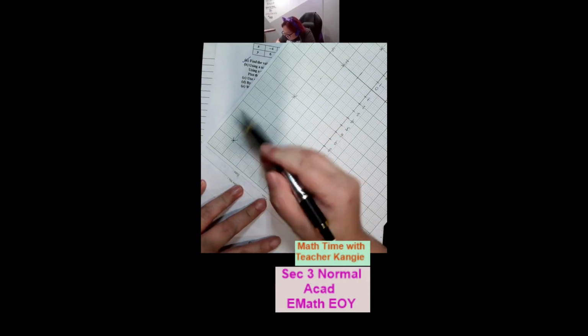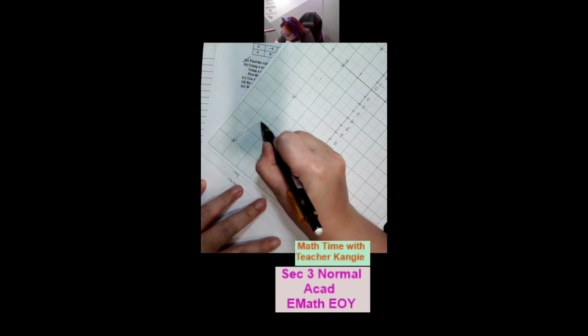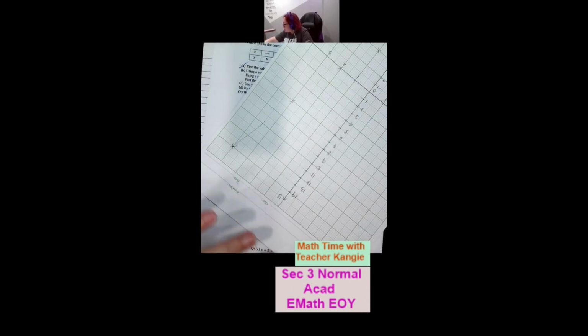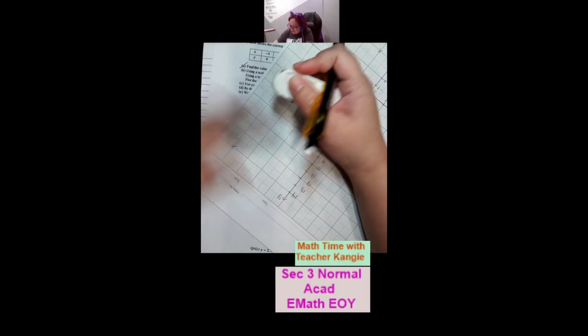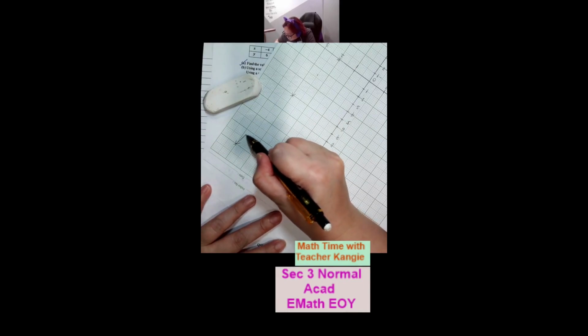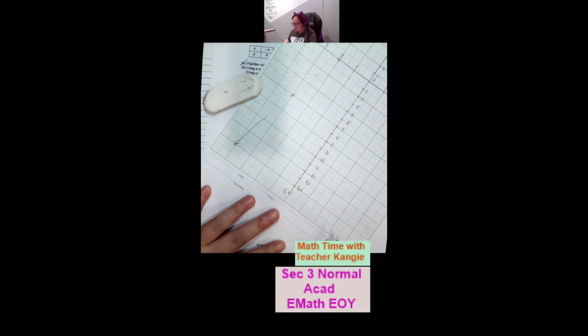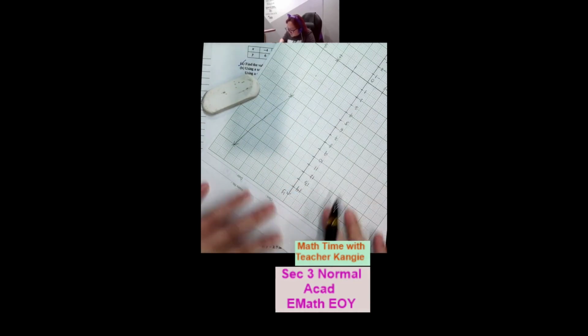Okay. So now, for the first few strokes, you do it very light. Teacher Kangie's drawing is also not perfect, but I will not draw dark until I confirm the shape. So, you see? I join here, and then after that, I join here.